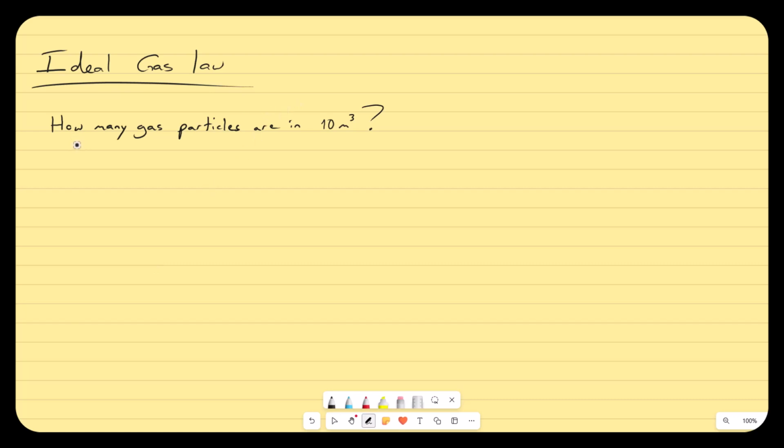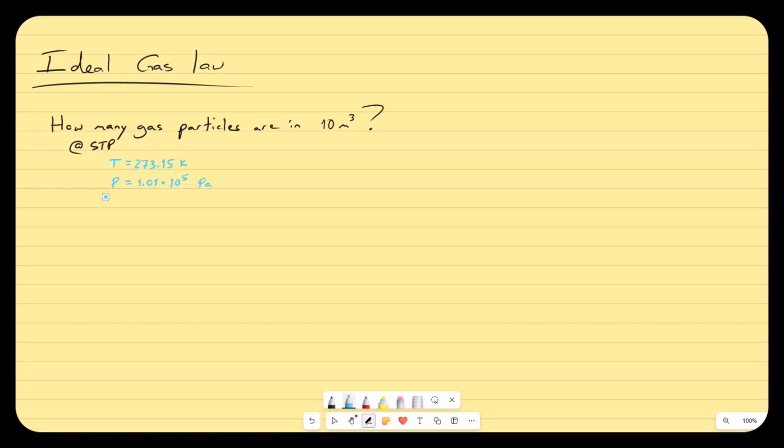Let's define some conditions, so let's assume STP. STP means we have standard temperature and pressure. Our temperature is going to be 273.15 Kelvin, and our pressure is going to be 1.01 times 10 to the 5th pascals.